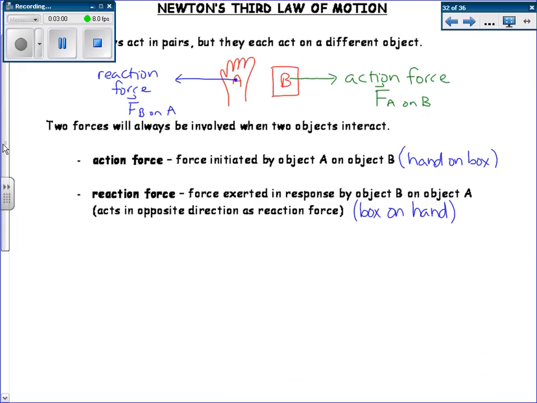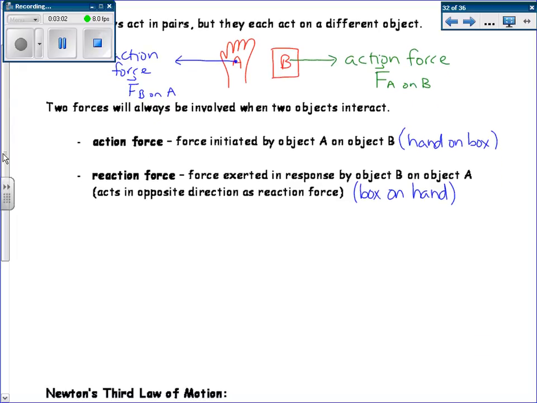And the way we can write that using formulas, using Newton's second law, is that the force of A on B is equal to the force of B on A. They're the same size, they have the same magnitude, but one of them is going to be negative.